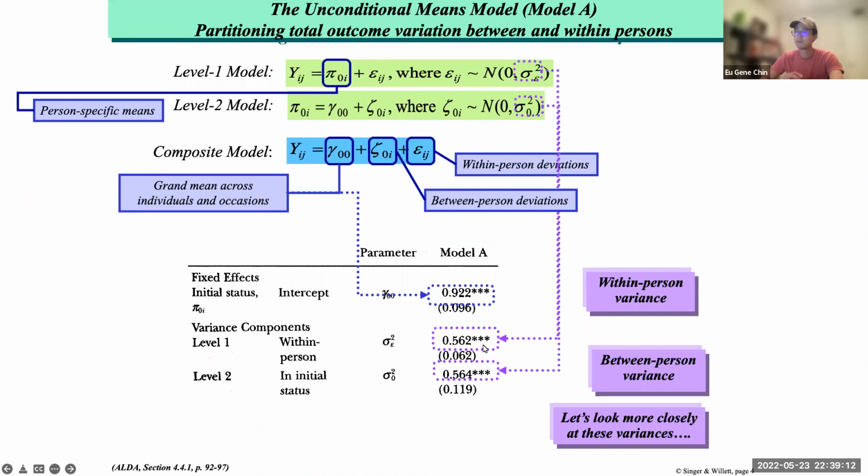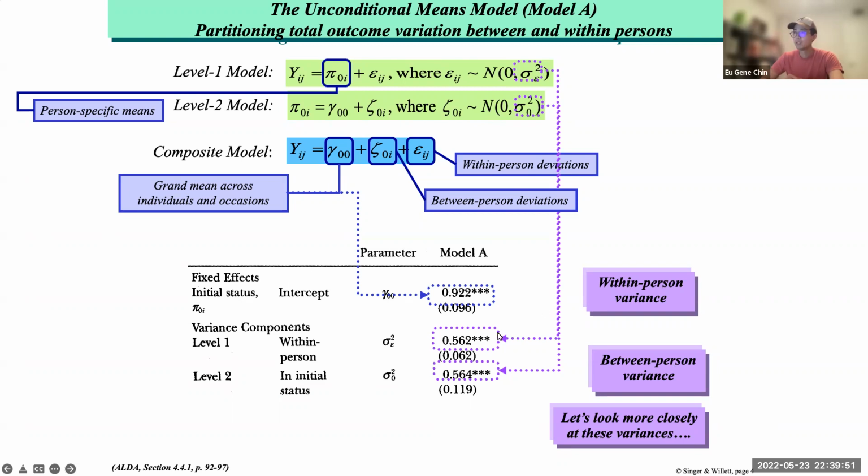Now remember, the level 1 variance component represents the difference between the estimated true mean of alcohol use for a person and their actual score. That's epsilon ij, which is assumed to be distributed normally with a mean of 0 with a particular variance. This is the variance estimate over here. And then this is the variance estimate for the level 2 submodel, which is the scatter of each person's estimated true mean from the population's average true mean.